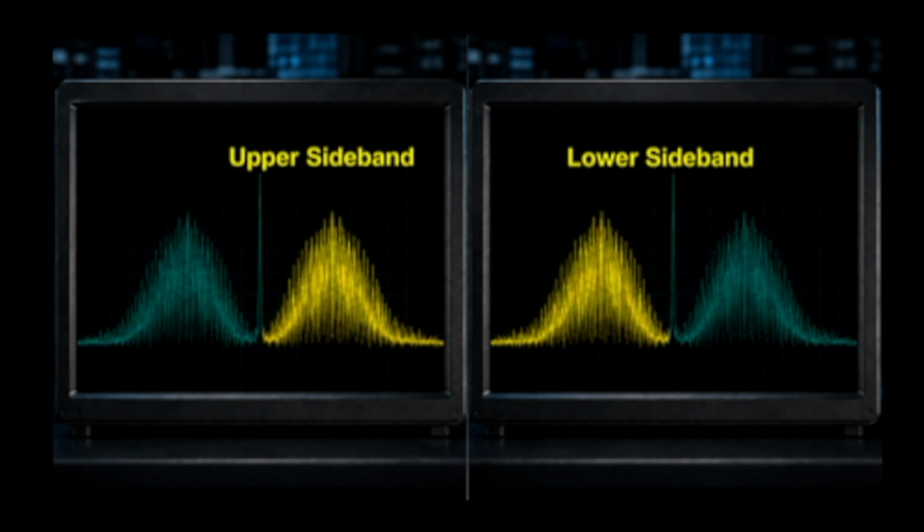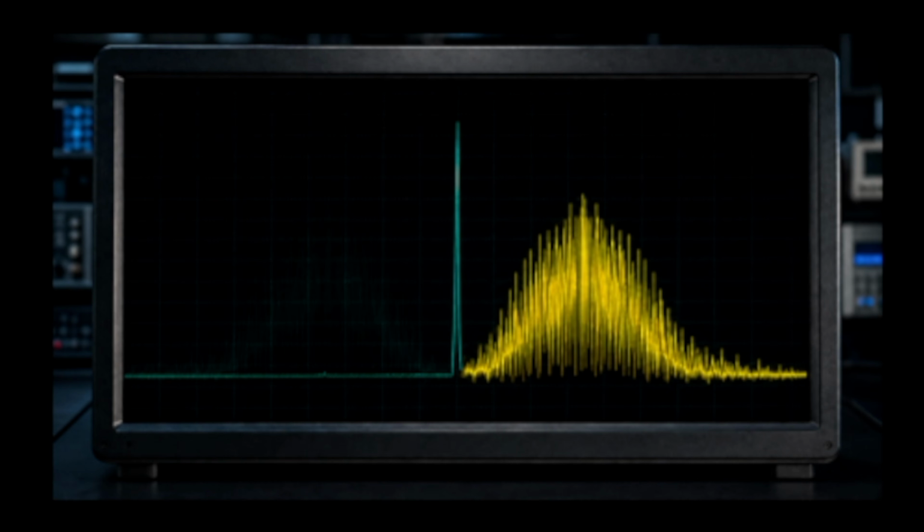Either one contains everything needed to reproduce your speech. Both sidebands are carrying the same conversation. That raises an interesting question. If either sideband contains the entire conversation, why transmit both?